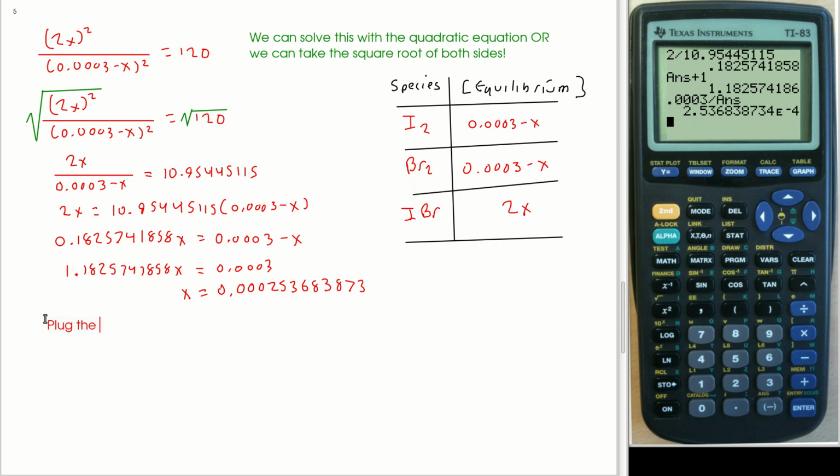So what we're going to do here is plug the value of x we calculated back into the expression for iodine monobromide concentration. And then we'll have our answer. So x isn't the actual answer, but it's easy enough to get the answer from x.